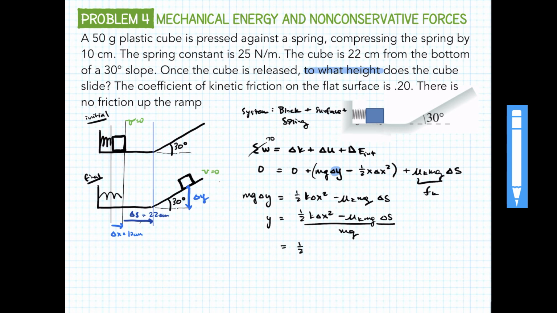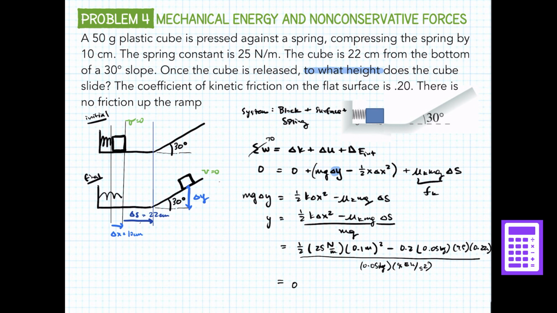That gives us 1/2 times k, which is 25 newtons per meter, times delta x, which is 0.1 meter, squared, minus 0.2 times mass, which is 0.05 kilograms, times 9.8 meters per second squared, times 0.22 meters, that's the friction distance, and then over 0.05 kilograms and 9.8 meters per second squared. Left out some units just for space.